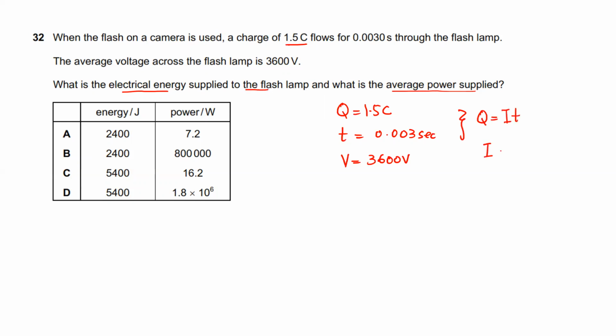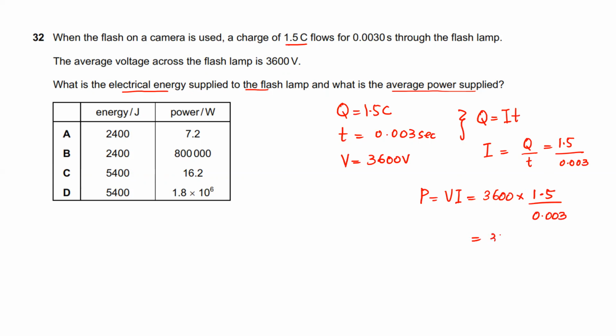If we calculate, I equals Q divided by T. So charge is 1.5 coulombs divided by 0.003. So this is the current, and power is equal to VI. Voltage is 3600 multiplied by current, which is 1.5 divided by 0.003.